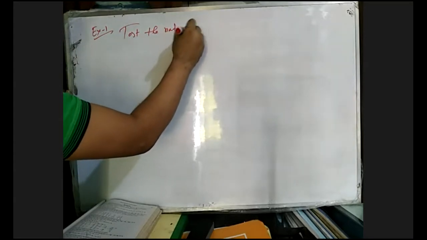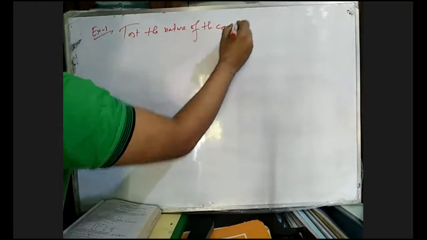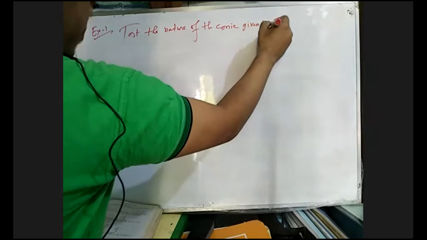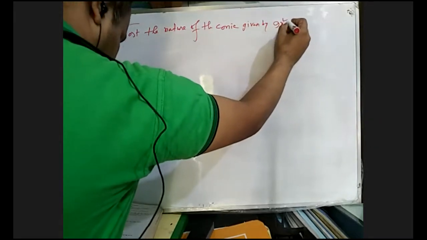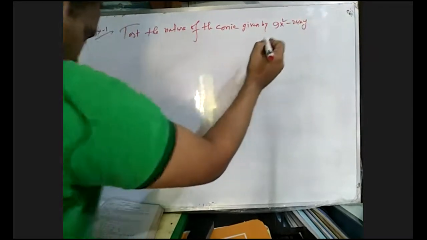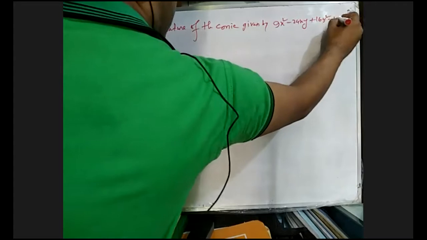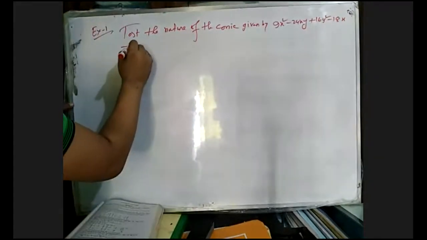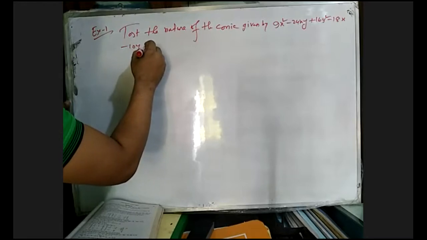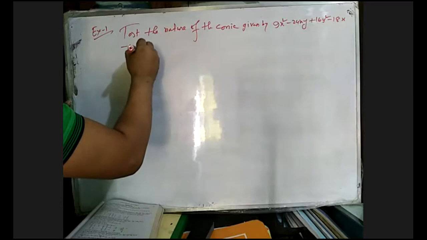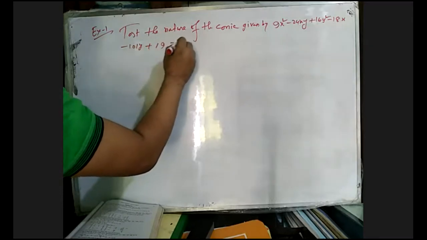Test the nature of the conic. Example 1. Test the nature of the conic given by 9x square minus 24xy plus 16y square minus 18x minus 101y plus 19 equals 0.